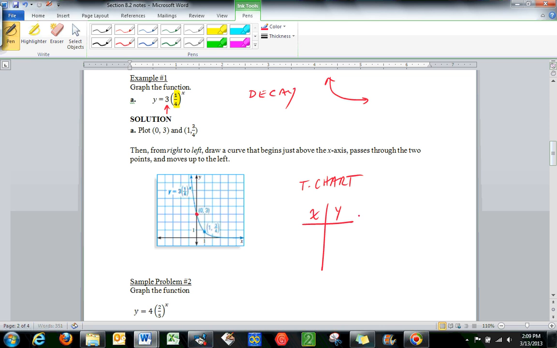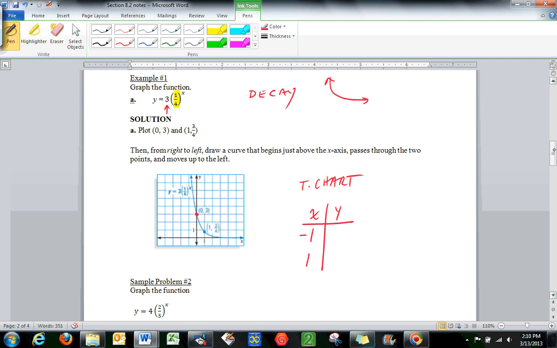So we've already done the 0, so we would probably want to do the -1 and the 1 in this case. And then plot each of those points for x values, and then we'd come up with the corresponding y, and then graph the exponential decay function.